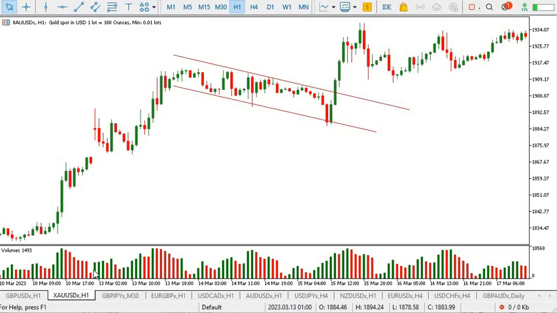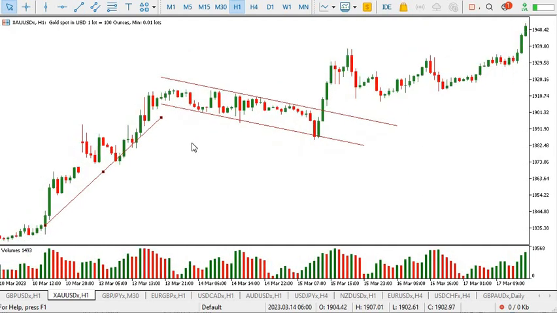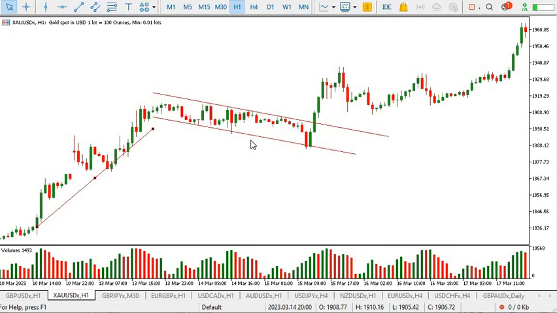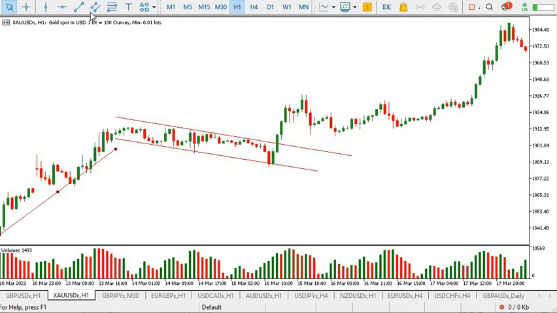This is the illustration of a bullish flag, and as I said, the trend is an uptrend, and there appeared a bullish flag, and once the market broke it, it went completely to the upside.